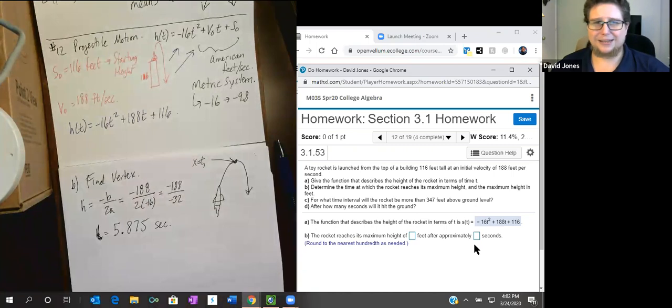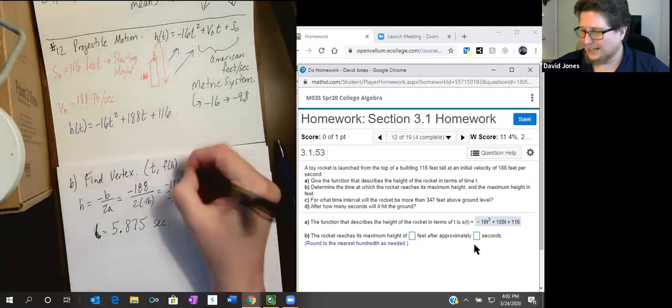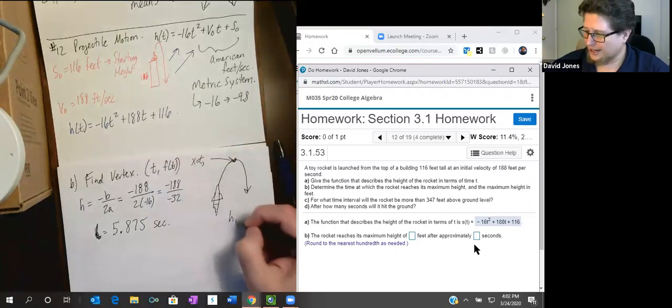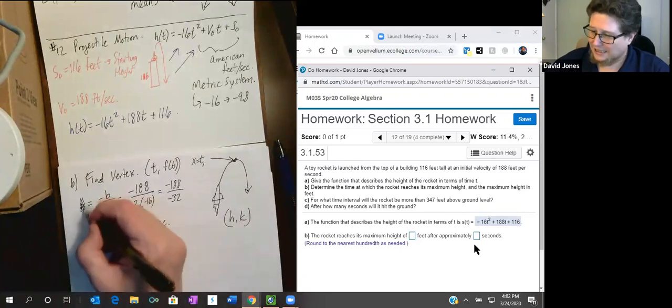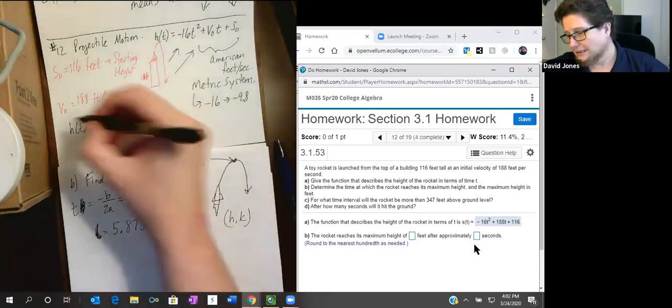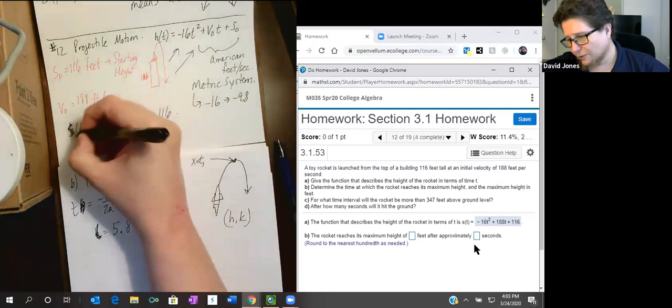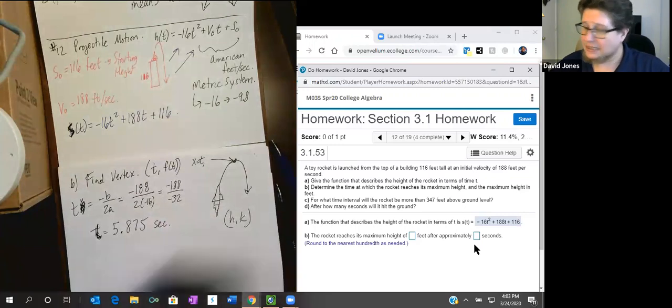Maybe that's why they use s. The vertex is a t for f of t. We're used to using h, k, and if I use h here, it gets confusing. I'm going to call that t. Maybe they're right. Maybe we should call this s of t up here to avoid confusion. So t equals 5.85 seconds.